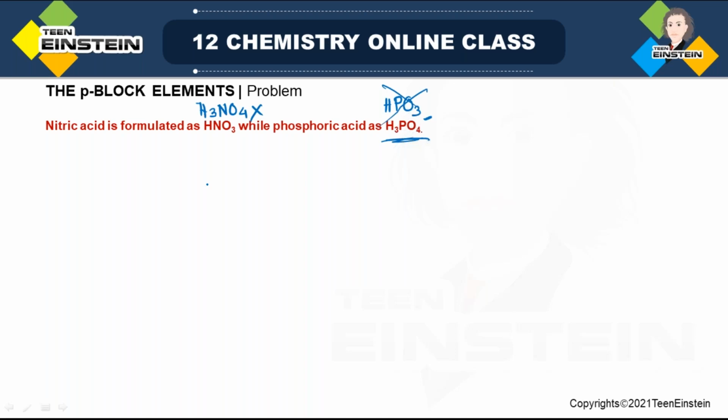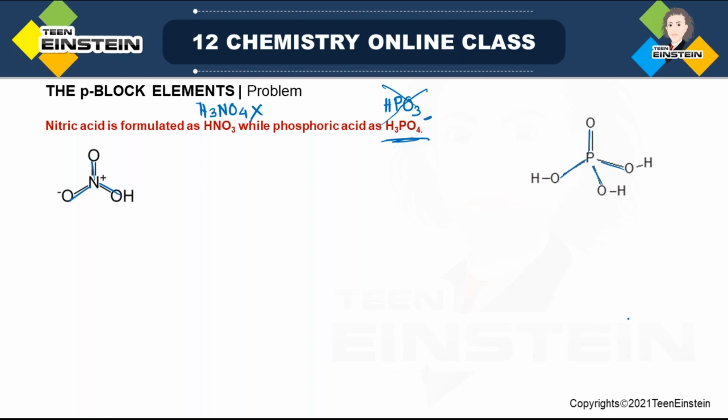So nitric acid has a structure like this. See, it is basically having 3 coordination. And if we consider H3PO4, it is tetra coordination, and there is also a pi bond formation. Now why are the structures different?